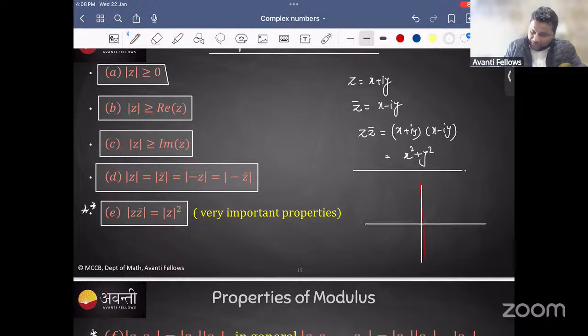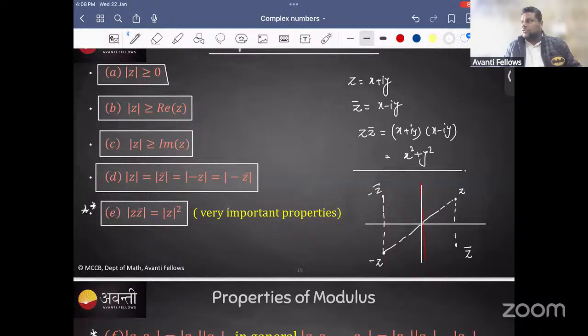With this, I have also told you that if this is your complex number z, its image in the x-axis will be z conjugate. And the point right opposite to it with respect to origin is minus z, and its image in the x-axis is minus z conjugate.